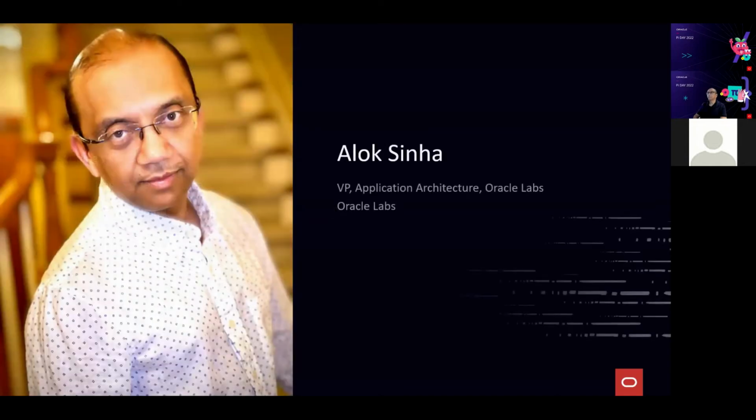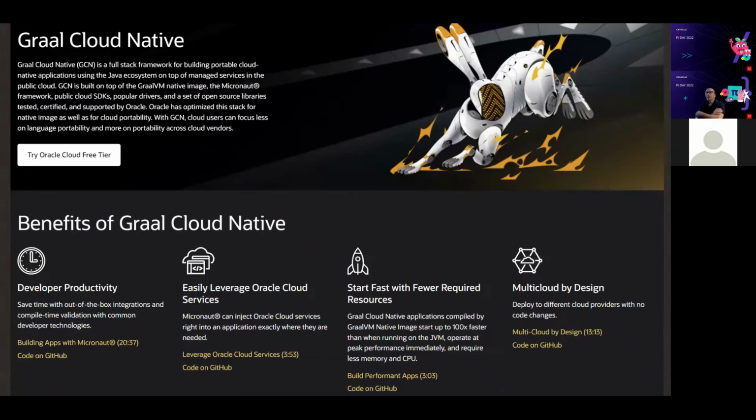So what is Graal Cloud Native? Basically, it's an initiative and a package that's in the making, put together to improve developer productivity. That's the first and most fundamental aspect of GCN. We also have a website.